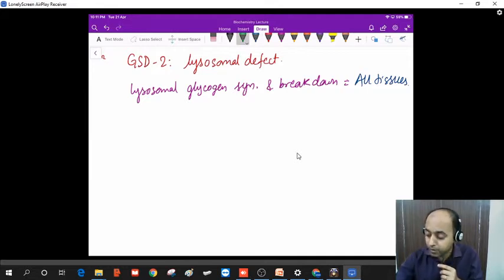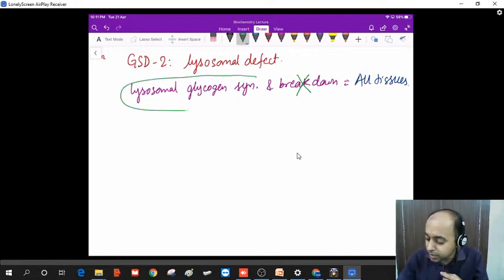But now what is happening in GSD2? The lysosomal defect is there, and breakdown will not occur. So this lysosomal glycogen synthesis will keep occurring, and there will be increased glycogen stores in the lysosome of all tissues.